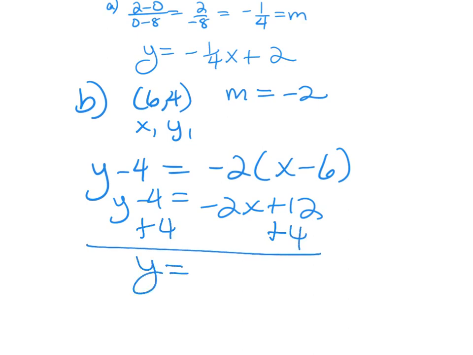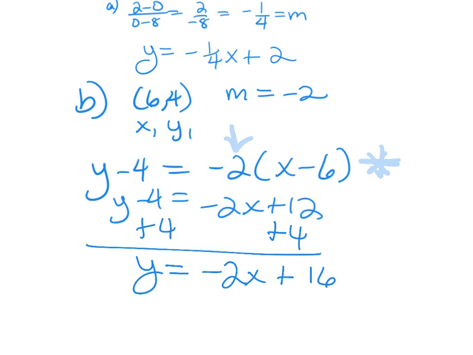So y equals -2x plus 16. Now, for the next question, really the only thing I need to do is take this and change the slope. Because the same information was given: I was given an ordered pair of 6, 4, and the slope was -2.